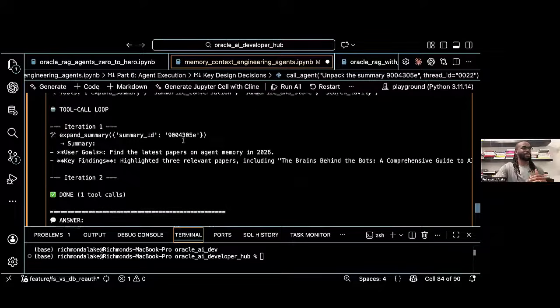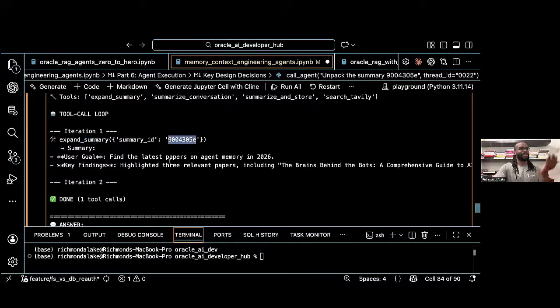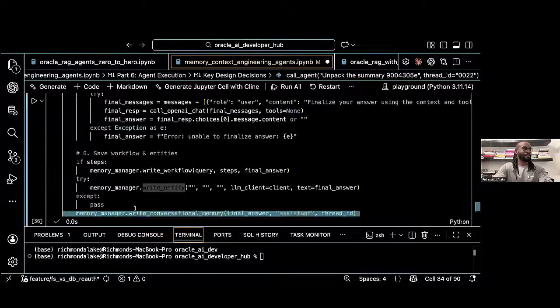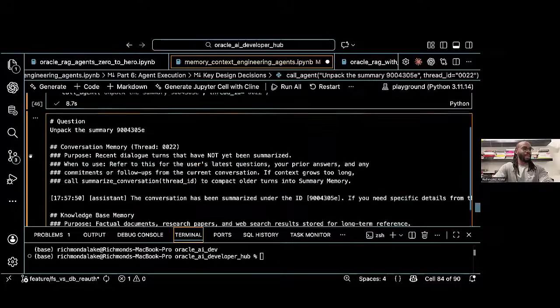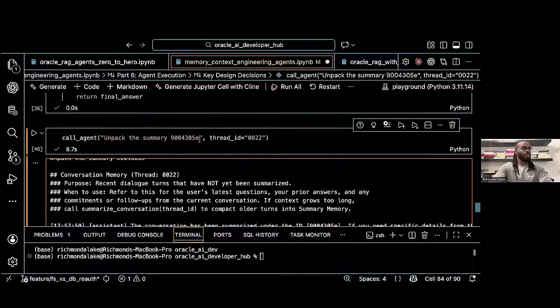Oh, that was the previous step, sorry. It can expand the summary, use the ID we gave it, and get some information. Then I could ask it, even though it's not in the conversational memory right here, what was my first question?